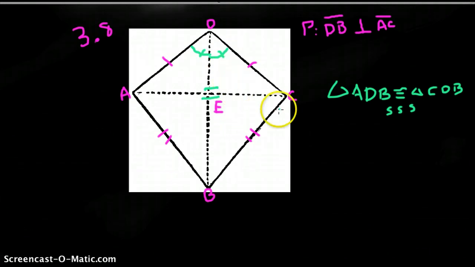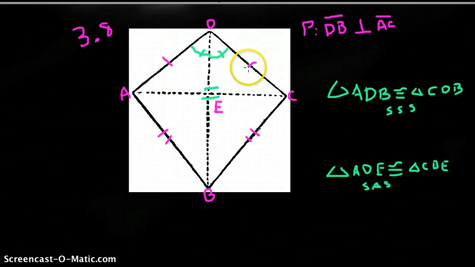So now we have that triangle ADE is congruent to triangle CDE because of side angle side. So you see that this side's equal to this side, and this angle is equal to this angle. And so you know that DE is equal to DE. So basically you have that these two triangles are congruent.